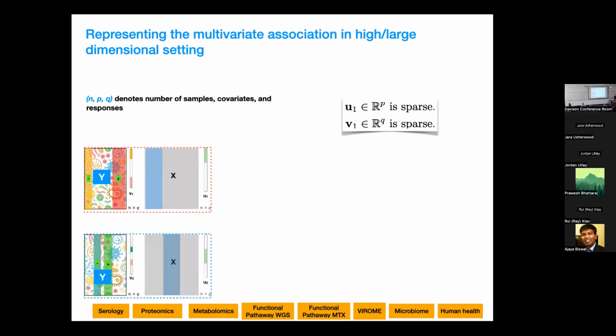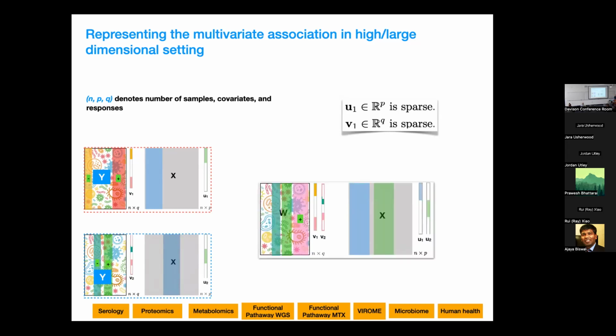But it seems that there can be multiple such associations. So U1 and V1 can identify one such underlying association, but at the same time, you have U2 and V2 that can look for another orthogonal association that might exist in the data sets. When we put all of these things together, you have an outcome variable and predictors, and you're looking for U1, V1, U2, V2.